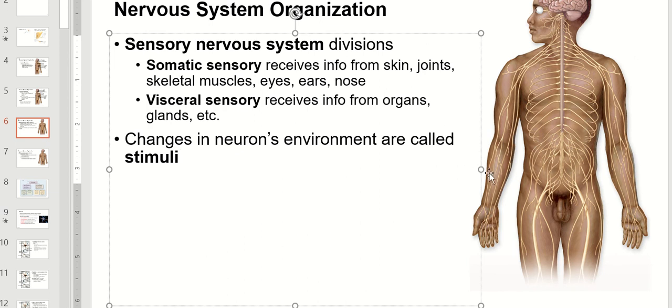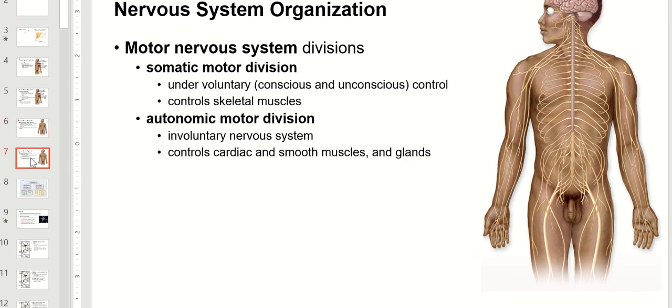So anything that makes a neuron in either division send a signal, that's a stimulus. Okay? So right now you're listening to this, you're watching the mouse move around. These are all stimuli that are being carried by your eyes and ears to your brain and being processed in your central nervous system.